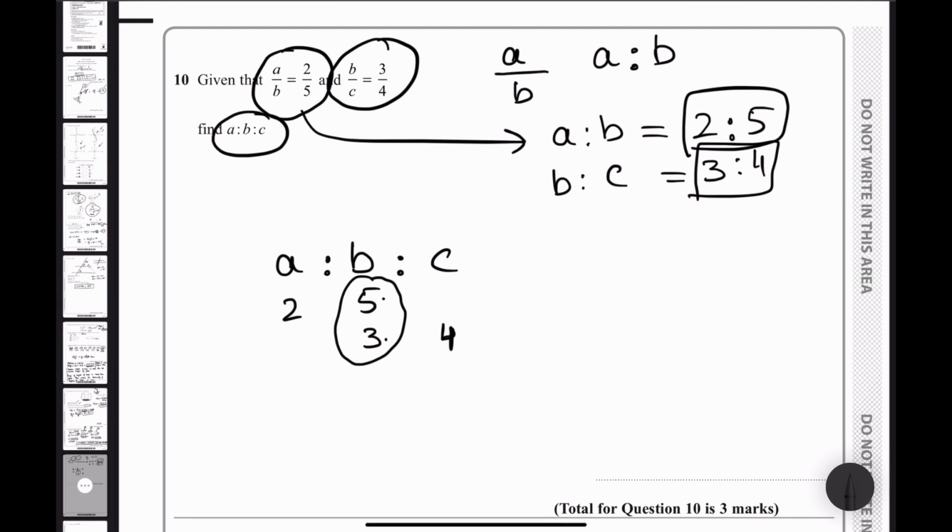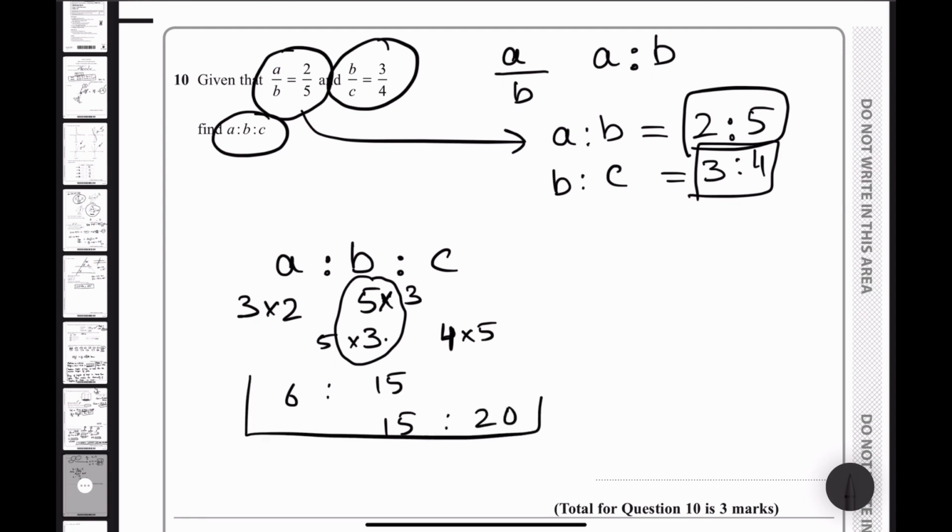But if I multiply this 5 with 3, I also have to multiply the 2 with 3, so the fraction won't be disturbed. Over here I have to multiply this 3 with 5 and this 4 with 5 as well. So finally it will become 6 ratio 15, and over here 15 ratio 20.